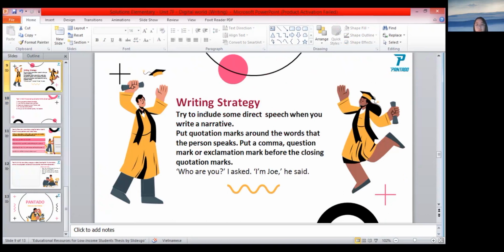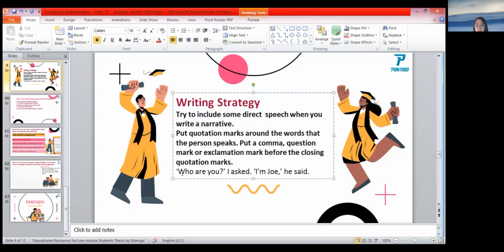So in this strategy, they said to try to include some direct speech when you write a narrative. Put quotation marks around the words that the speaker speaks. Put a comma, question mark, or exclamation mark before the closing quotation marks.